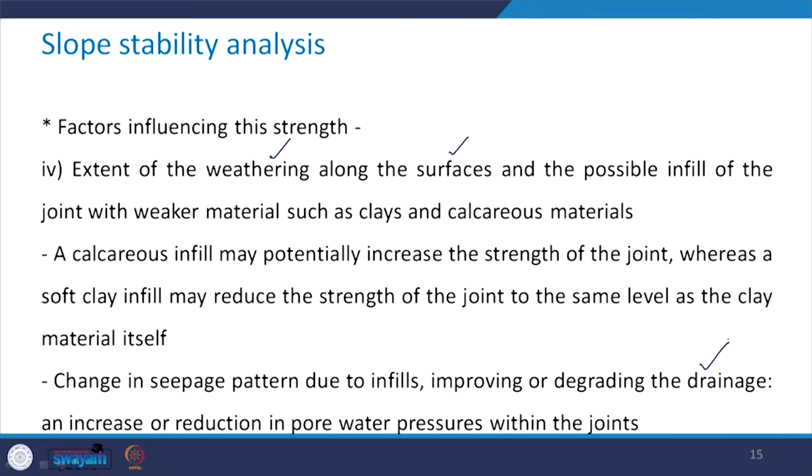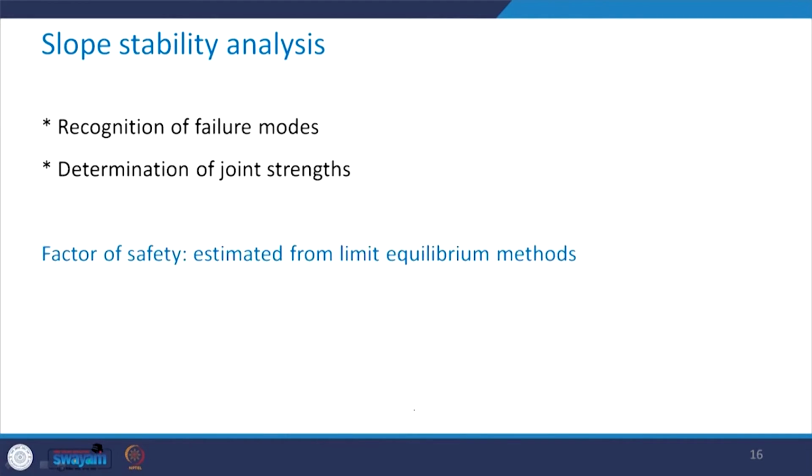In case the drainage characteristics are improved, one would observe an increase in the pore water pressure within the joints, and in case of degradation of the drainage characteristic, there is going to be a reduction in the pore water pressure within the joints, and accordingly the strength characteristic of the joints shall be altered. So, it is important for us to recognize the failure modes and determine these joint strengths properly.